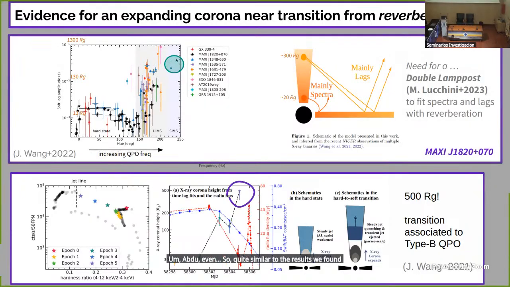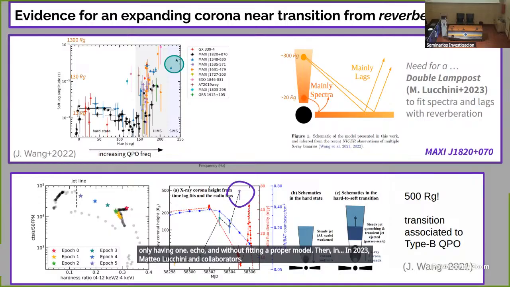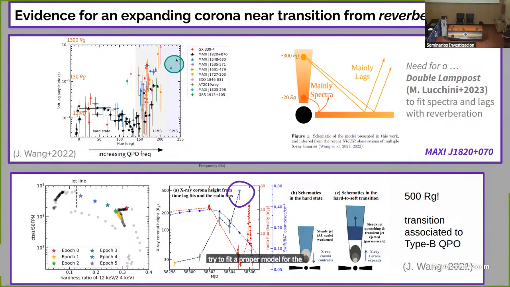But this was only using one echo and without fitting a proper model. Then in 2023, Matteo Lucchini and collaborators tried to fit a proper model for the reverberation. It's called RELTRANS, and it's also a public model. And they found that in order to fit the data from this source, they needed two coronas producing the echoes.